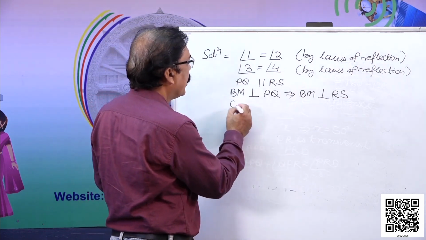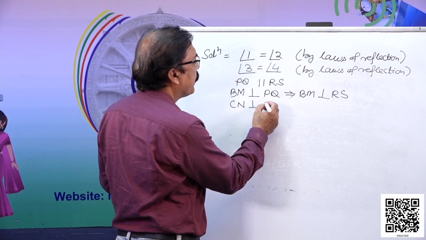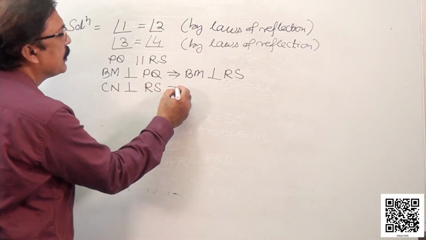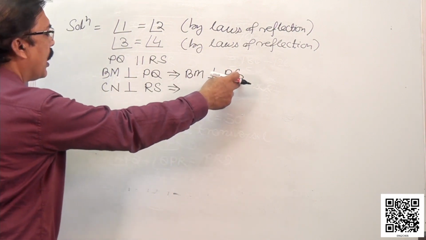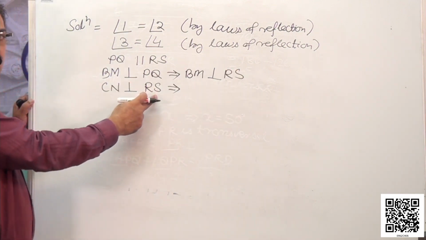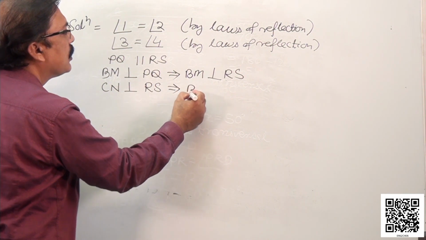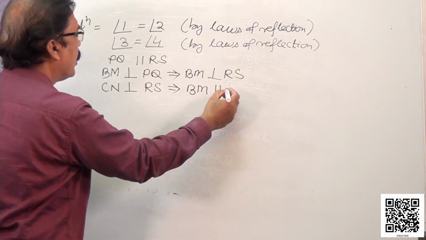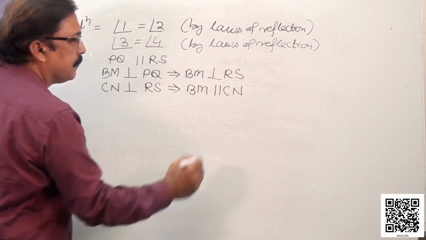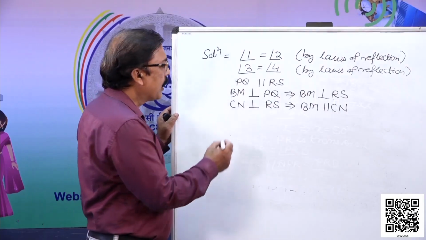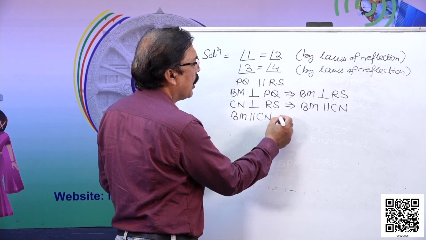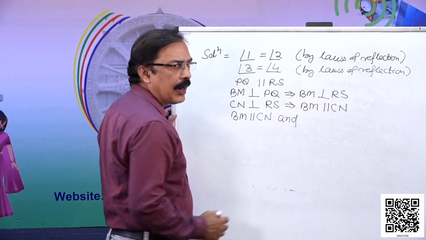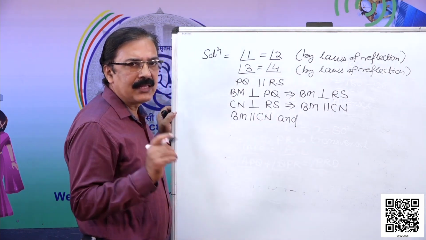And also we are given CN is perpendicular to RS. This implies, see, BM is perpendicular to RS, CN is perpendicular to RS. This shows that BM is parallel to CN. Now taking BM parallel to CN, what is the transversal? Look at the figure.